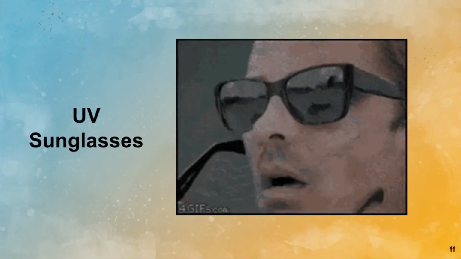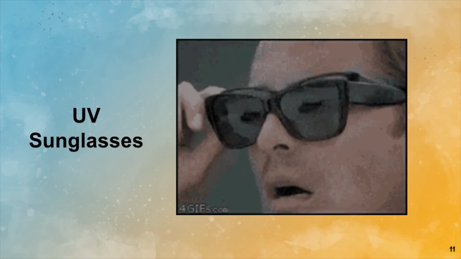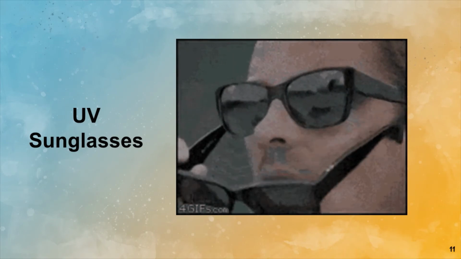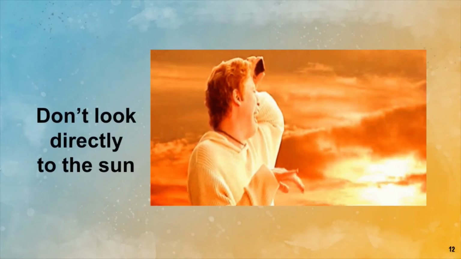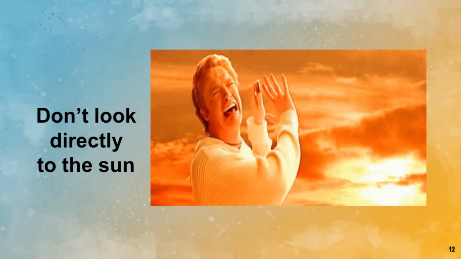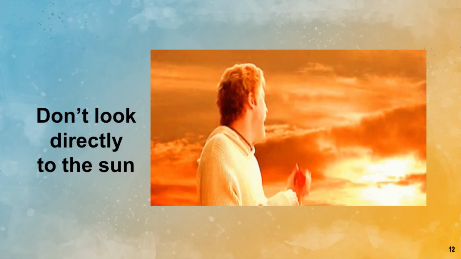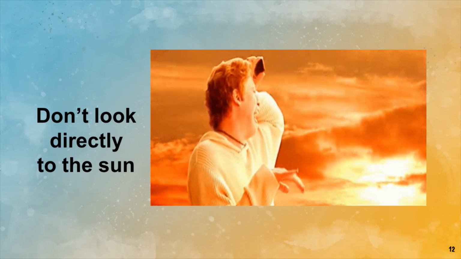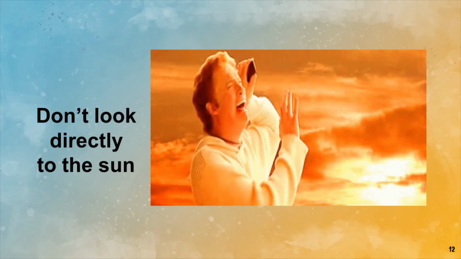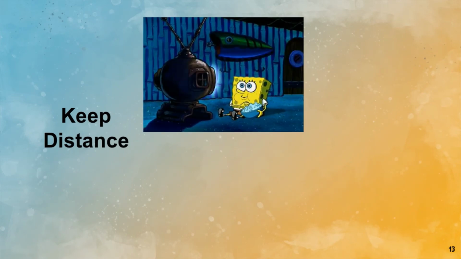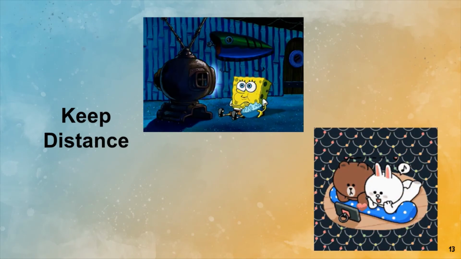Next, wear sunglasses that have UV protection when the sun's light is too bright. Avoid looking directly at the sun or any bright sources. You may use sunglasses if you really have to look at it or if the sunlight outside is very bright. Keep your distance while watching television or using your smart gadgets.